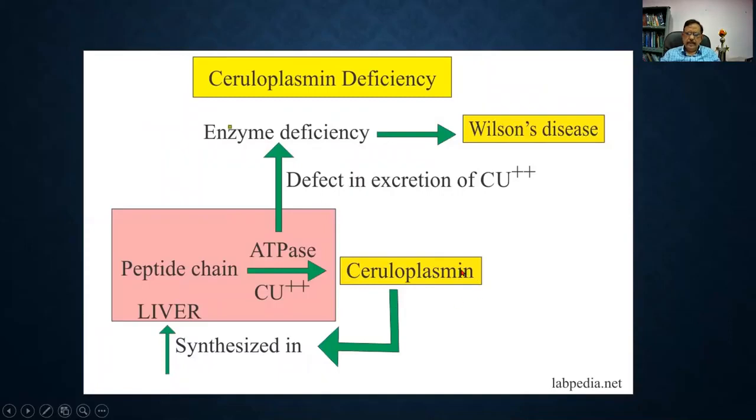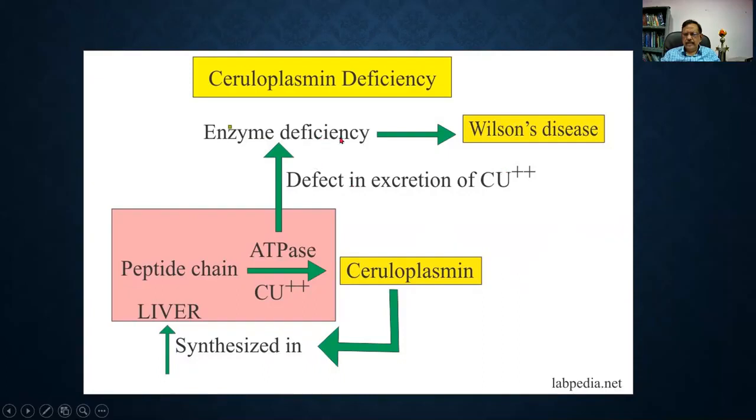This metabolism is a little difficult, but let us try to trace it. Ceruloplasmin is synthesized in the liver, and copper is excreted by means of the enzyme ATPase. When there is a defect in the enzyme ATPase, there is a defective excretion of copper.